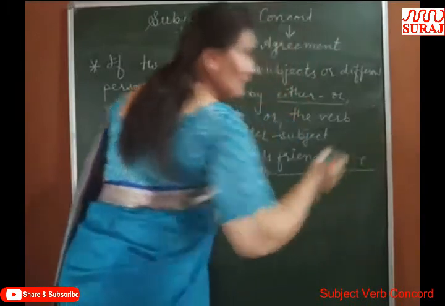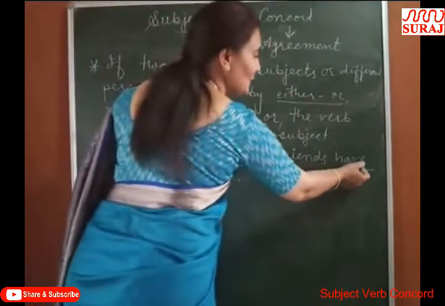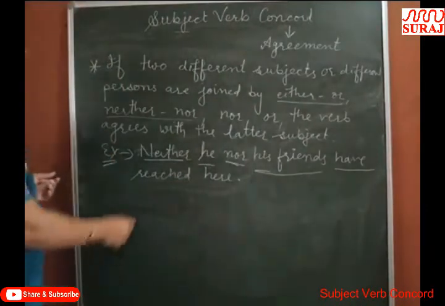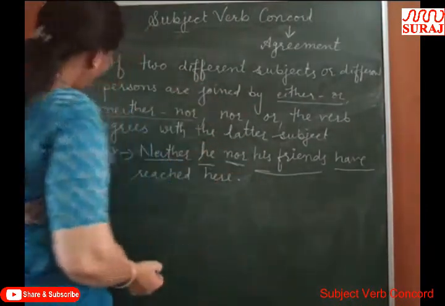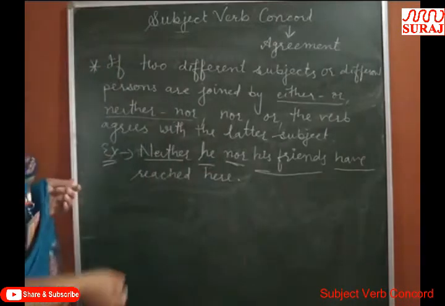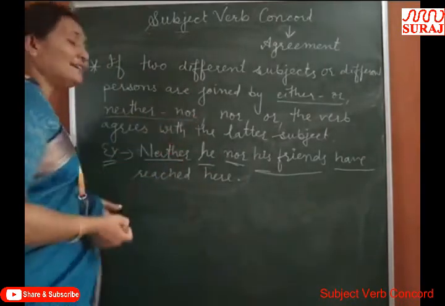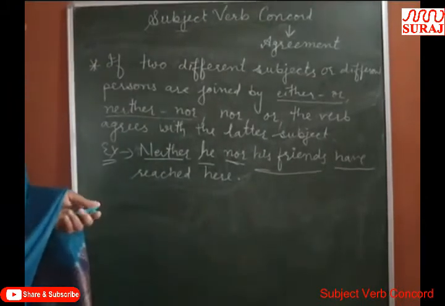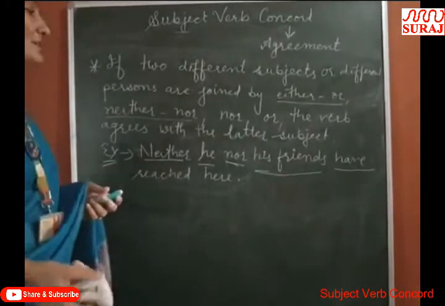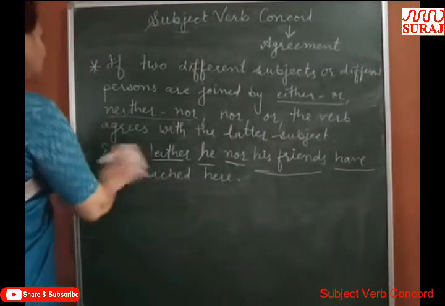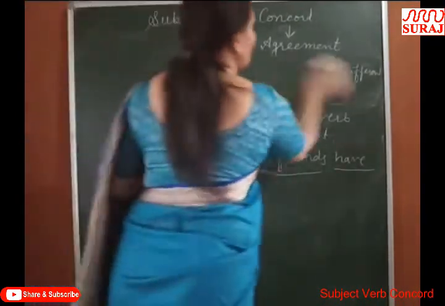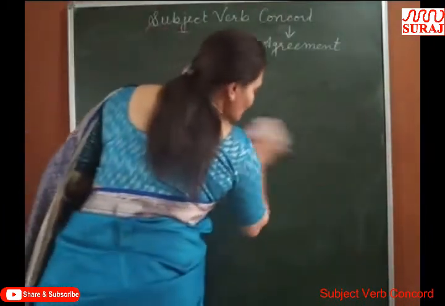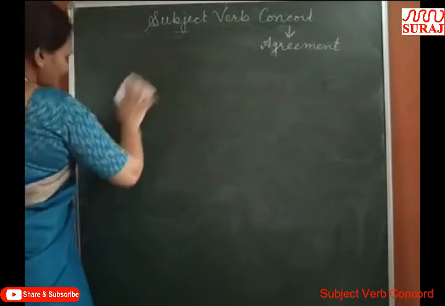Neither nor is a correlative conjunction which appears in pairs. I told you that the verb agrees with the later subject. This is the first subject and this is the second, the later subject. The later subject is in plural form, so the verb must be in plural. Here I have written "have." Have is plural form. Clear?